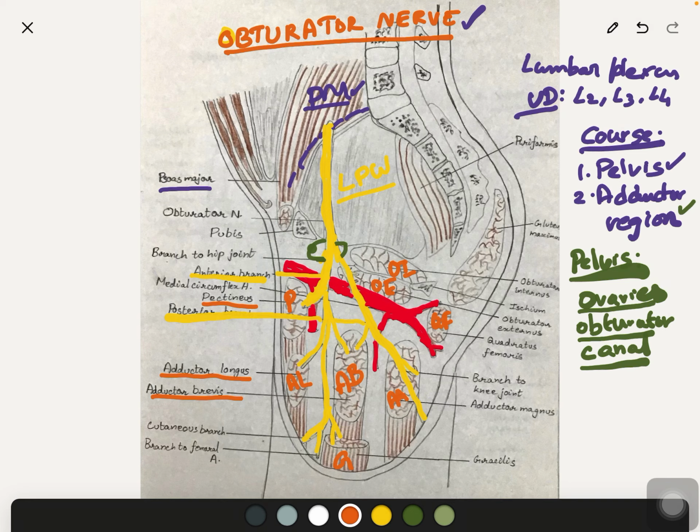As the obturator nerve enters the thigh, it divides into two branches, the anterior division and the posterior division.